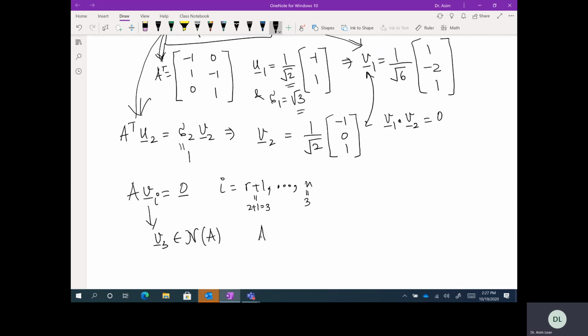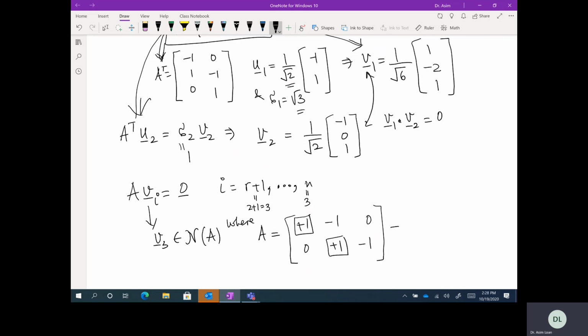And what is A? A is simply minus 1, 1, minus 1, 0, 1, minus 1, 0, 1. And I can always do row operations here. So this is a pivot, this is a pivot.